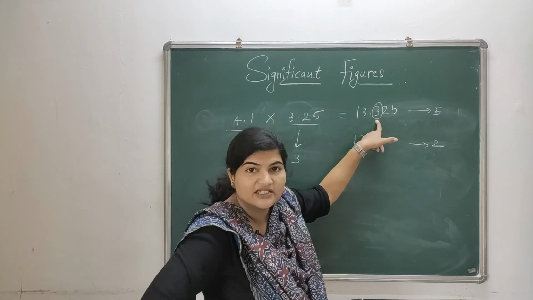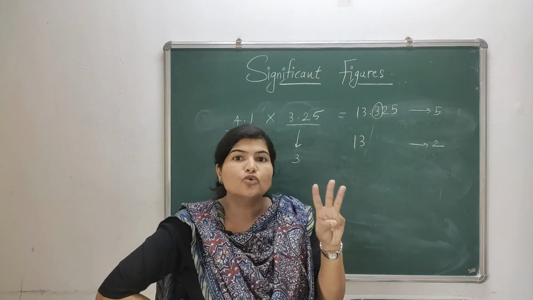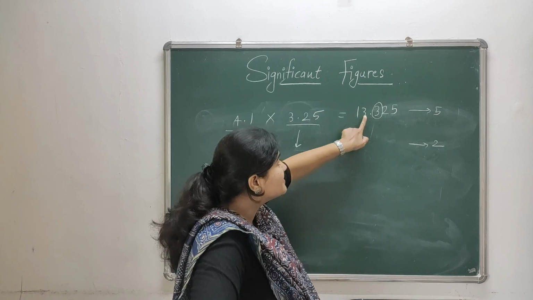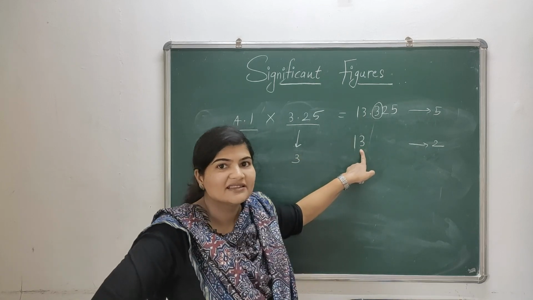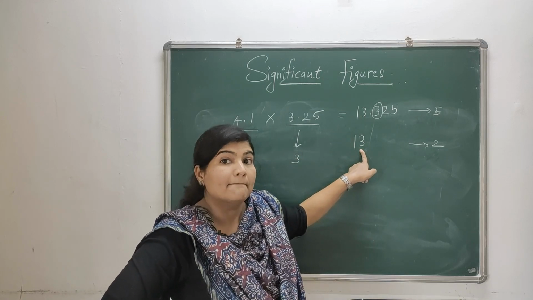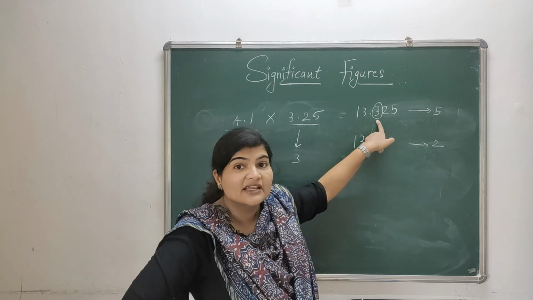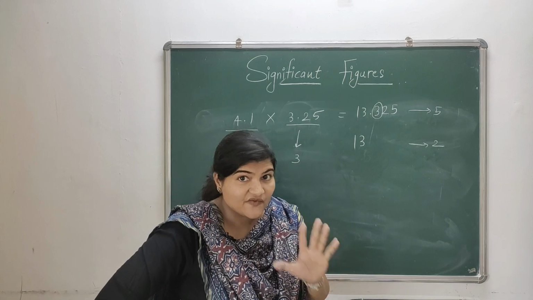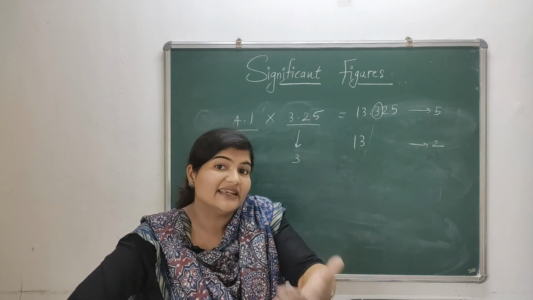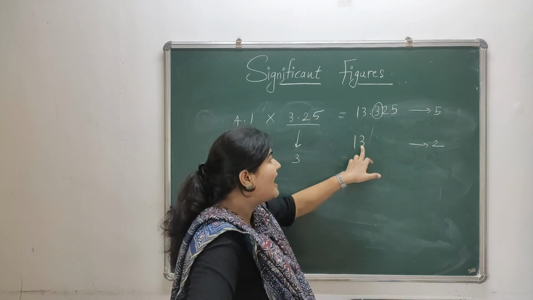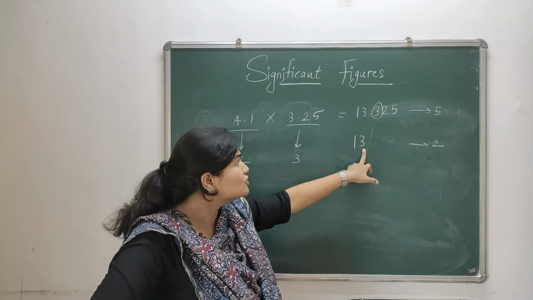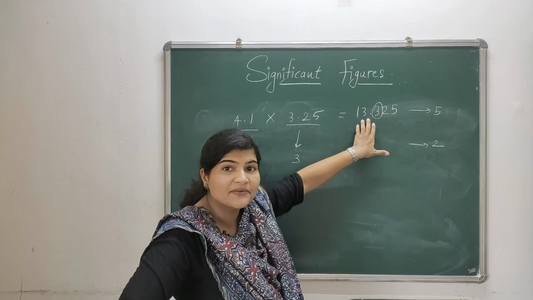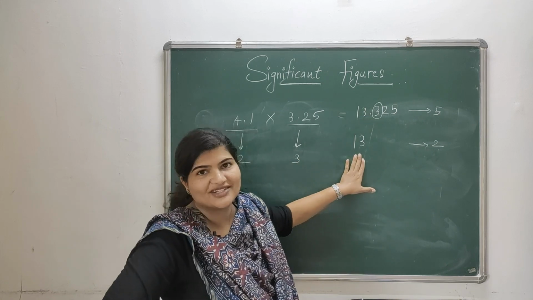If the next digit is 0, 1, 2, 3 or 4, less than 5, then I will keep this digit the same. 3 will remain 3. But if my next digit is 5 or more, that is 5, 6, 7, 8, 9, then I have to add 1 to this number. So in this case, I am going to round off this 5 digit number to this 2 digit number.